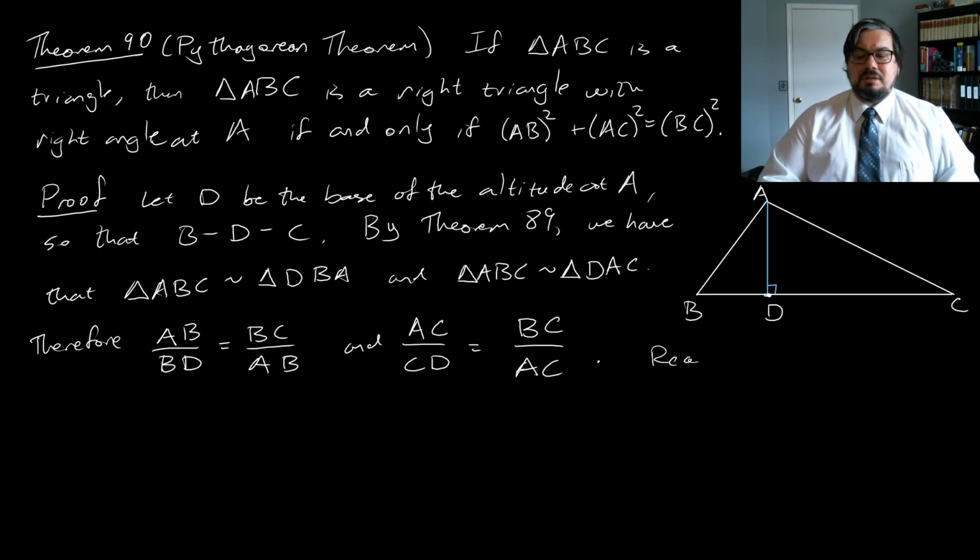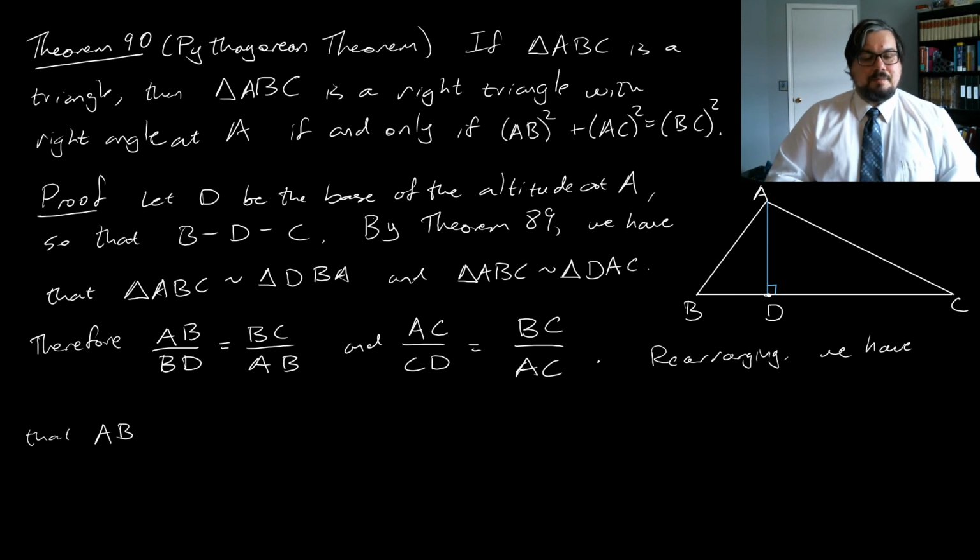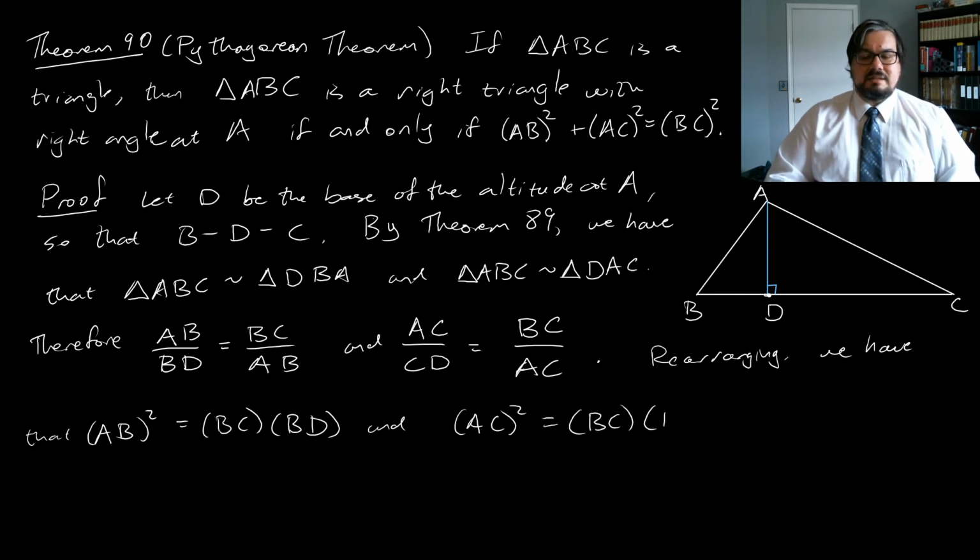Now, rearranging, we have that AB squared is equal to BC times BD, and we have that AC squared is equal to BC times CD.